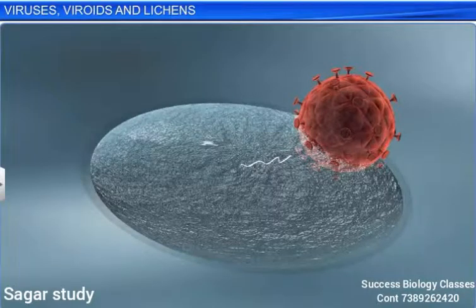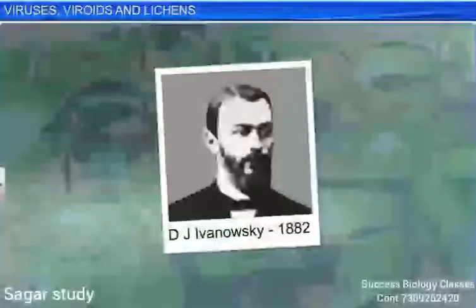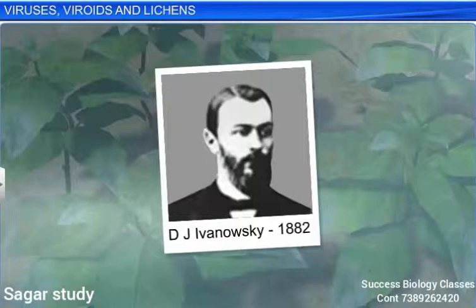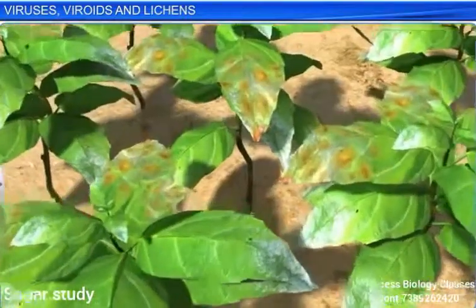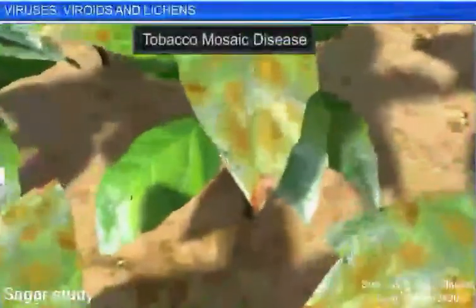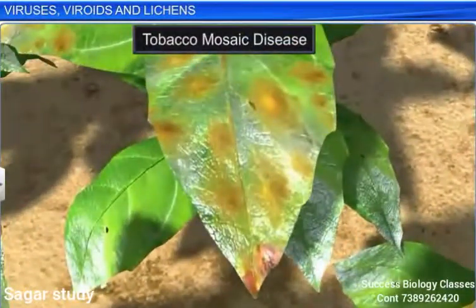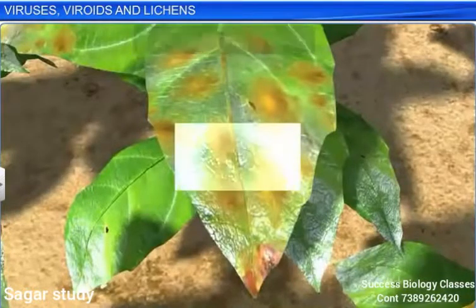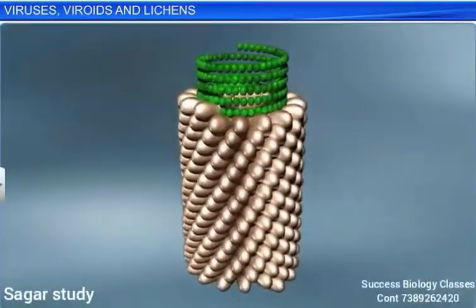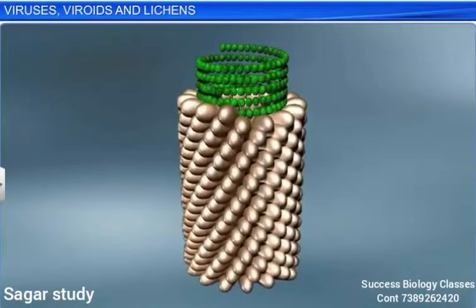Thus, viruses are known as obligate parasites. It was D. J. Ivanowski who in 1892 discovered the tobacco mosaic virus, or TMV, the microbe that causes mosaic disease in tobacco. This virus was smaller than a bacteria.